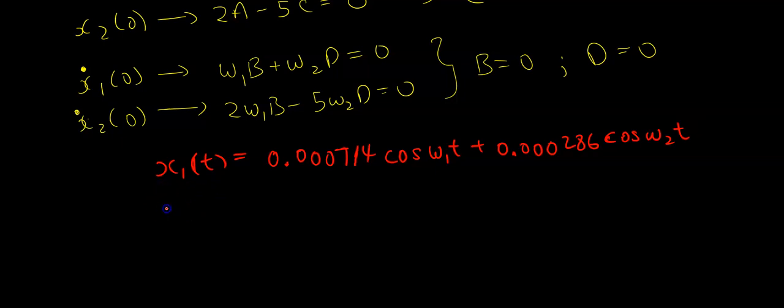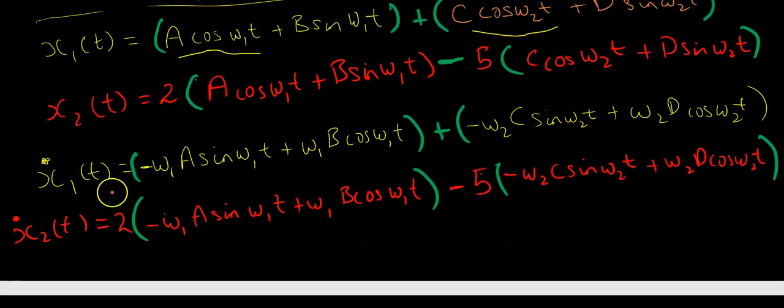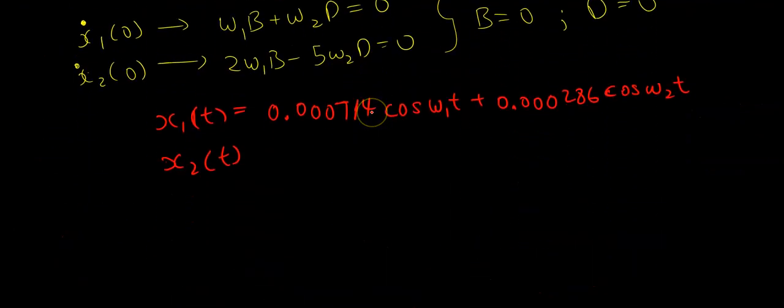And x2(t) becomes just as easy, because it's going to be 2 multiplied by a cos omega 1 t, again this is 0, minus 5 c cos omega 2 t, again this is 0. So essentially all you're going to do here is multiply this first number by 2, and then multiply this number by minus 5, right? So when you multiply this number by 2, what do you get?